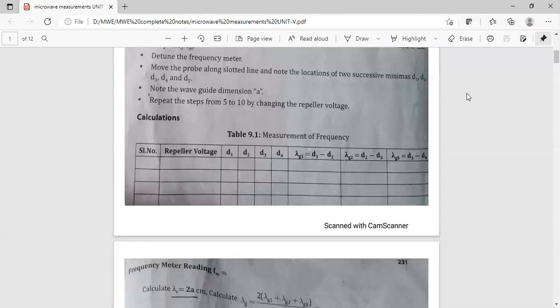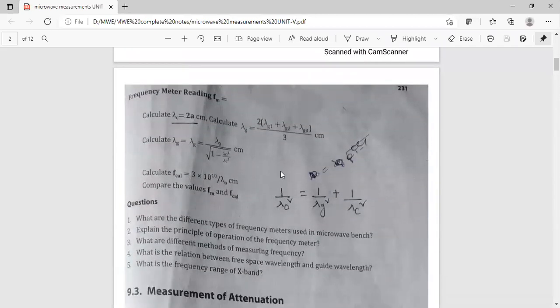Lambda G1 is equal to D1 minus D2, lambda G2 is equal to D2 minus D3, and use this formula: 1 by lambda naught square is equal to 1 by lambda G square plus 1 by lambda C square. Lambda C is equal to 2A, and F is equal to 3 into 10 power of 10, because we are taking centimeters, divided by lambda naught. Using this formula, we calculate lambda naught and substitute to get F.